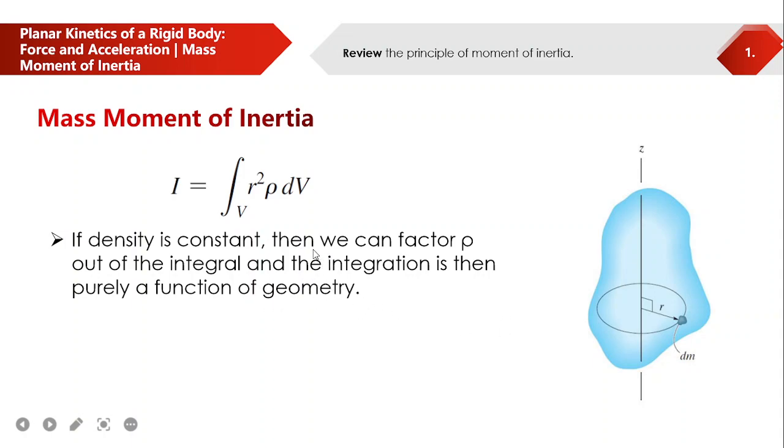Kanina, mass. Now, we're going to functions of geometry. Kasi nga, if the density of the whole body is constant, then I is equal to rho integral of r squared dv over the volume. Okay? That's how you compute for the mass moment of inertia in terms of its volume.